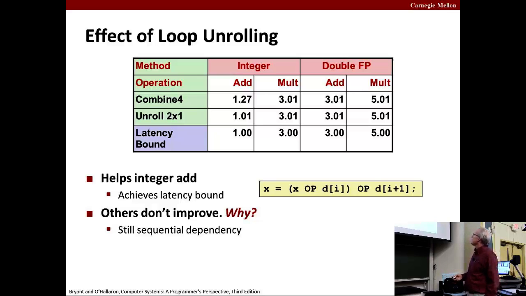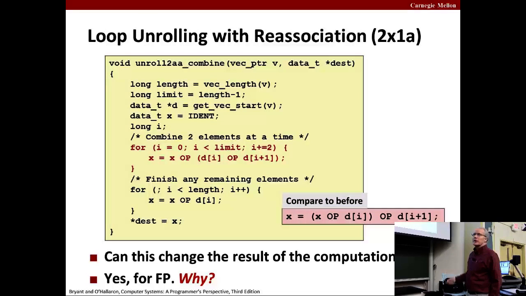But it didn't improve the other ones because I still have this sequential dependency. In order to get my new value of x, I have to first do one computation and then the other before I can begin another one. But this shows me the way I could make a very small change and change performance fairly dramatically.